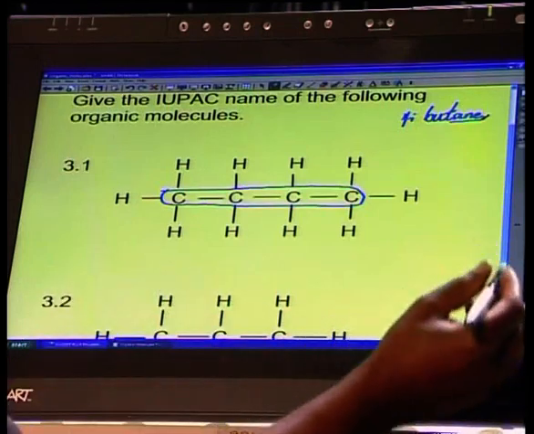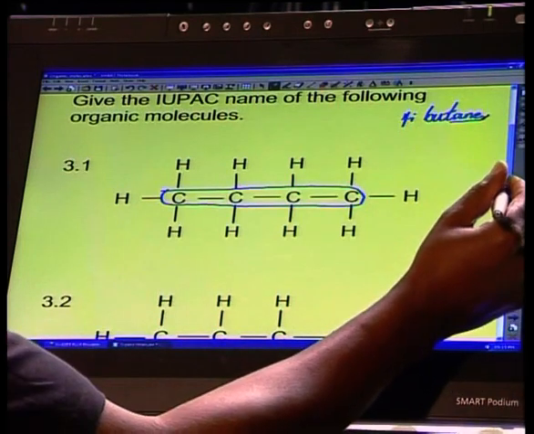It is just butane, 4 carbon atoms in the longest chain, no branch of any other carbon atoms here. We just have 4 carbon atoms stretched along that chain, and therefore that is butane, no double bonds between them. Okay, now let's move on to 3.2.